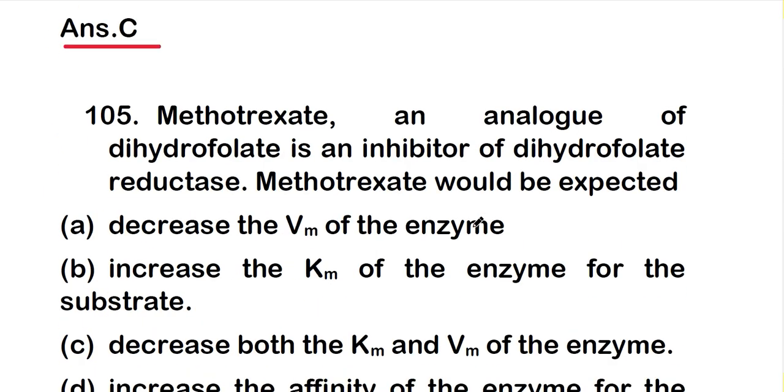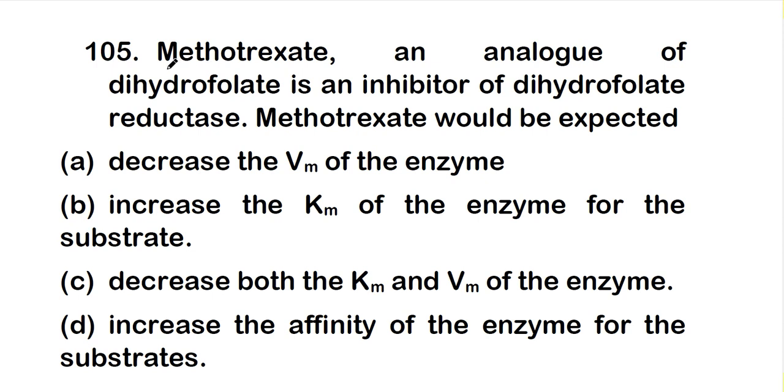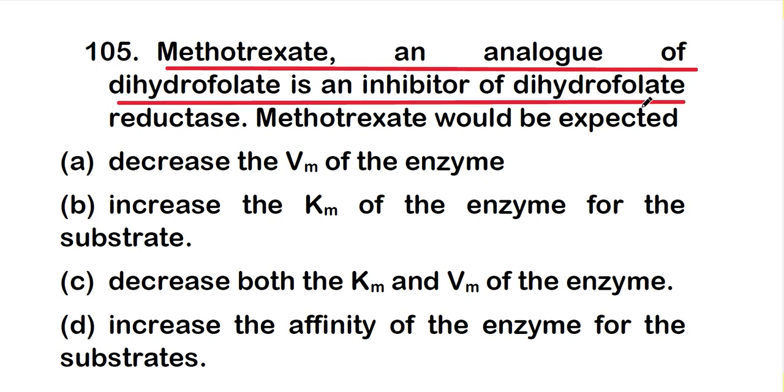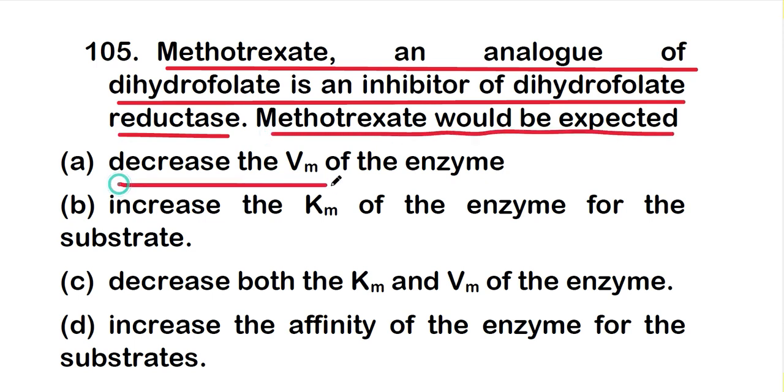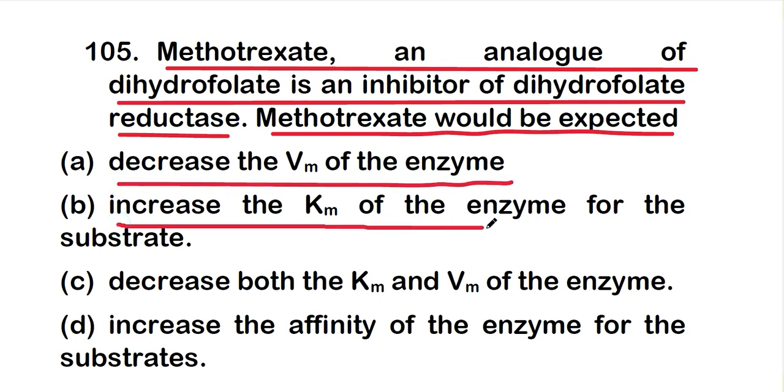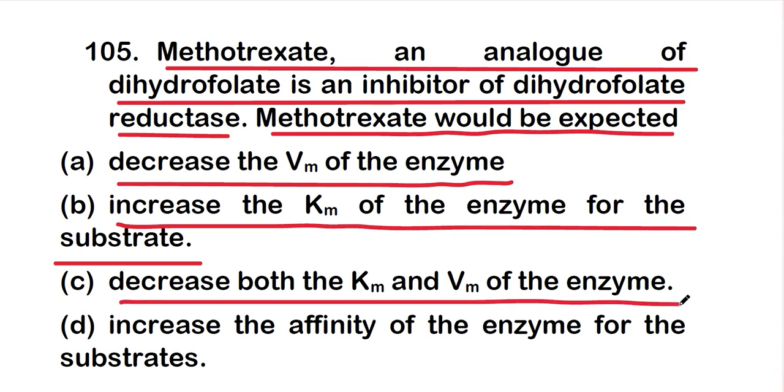So let's move on to the next question, that is methotrexate, an analog of dihydrofolate, is an inhibitor of dihydrofolate reductase. So methotrexate would be expected to, option A, decrease the Vmax of the enzyme, or option B, increase the Vmax of the enzyme for the substrate, or option C, decrease both Km and Vmax of the enzyme, or option D, increase the affinity of the enzyme for the substrate.